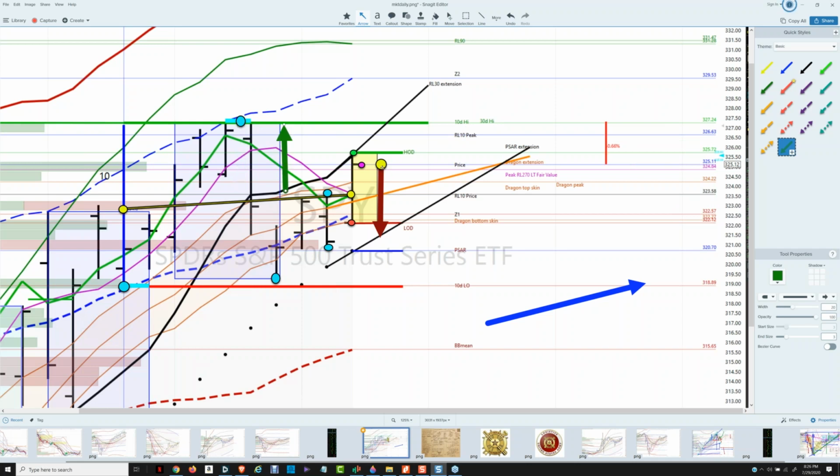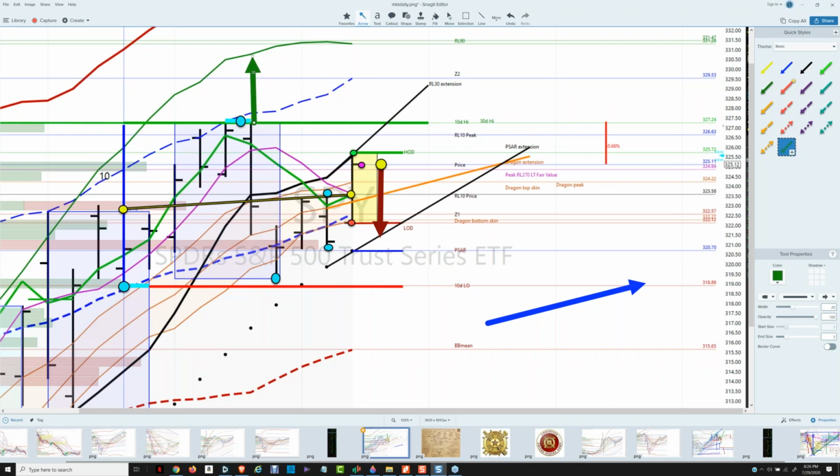Then the combined 10-day and 30-day high at 327.25. And that's all possible. If we just get the same kind of action tomorrow that we got today, it would look like this. It would make a new 10-day high and get most of the way to the Z2, which is 329.53, and then 330 even is within range.